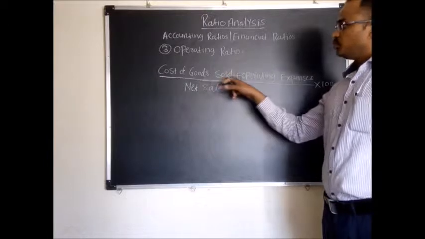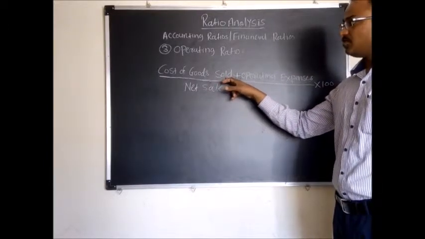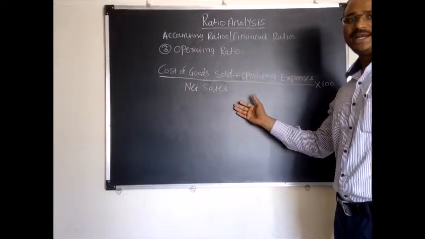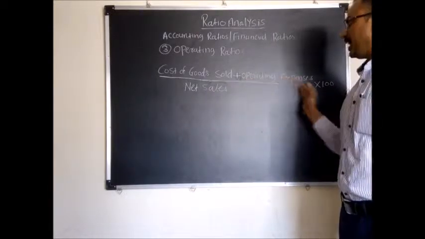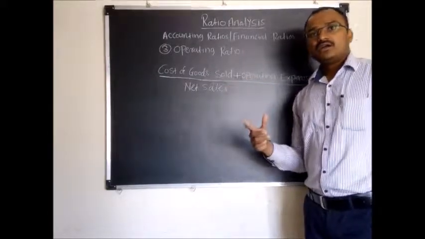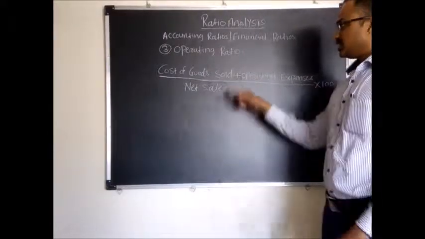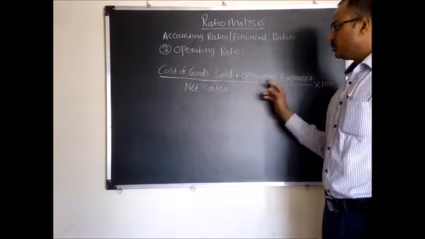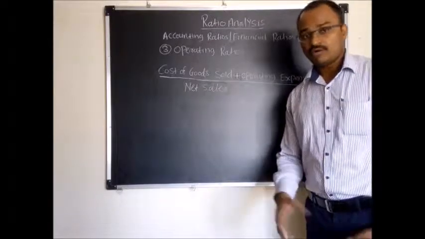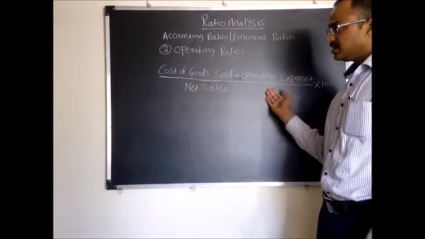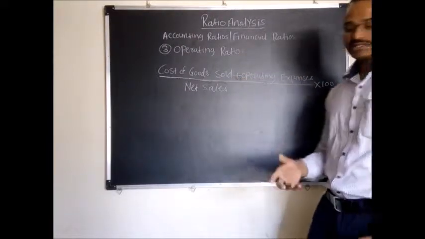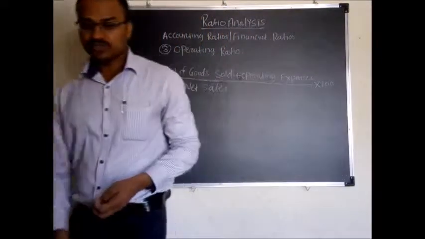Cost of goods sold is related to the purchase of raw material and direct expenses. Cost of goods sold plus operating expenses gives you the total operating cost of the business.